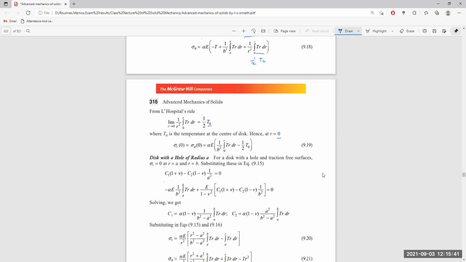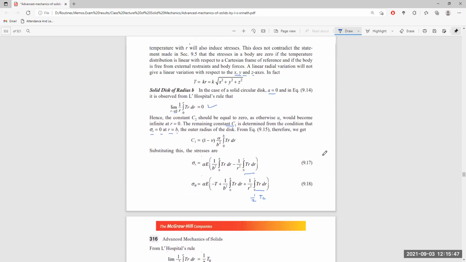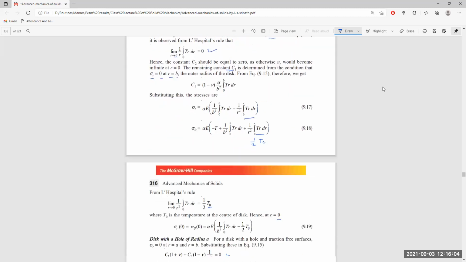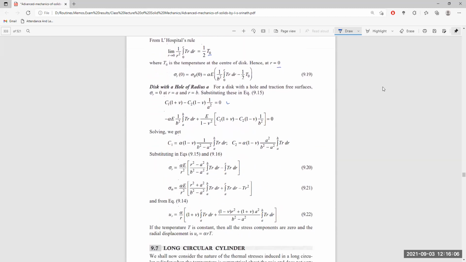Solving, the first equation will take this particular form in 9.1, and this equation will take this particular form by putting A and B itself, and it will reduce to these two forms, this one and this one.